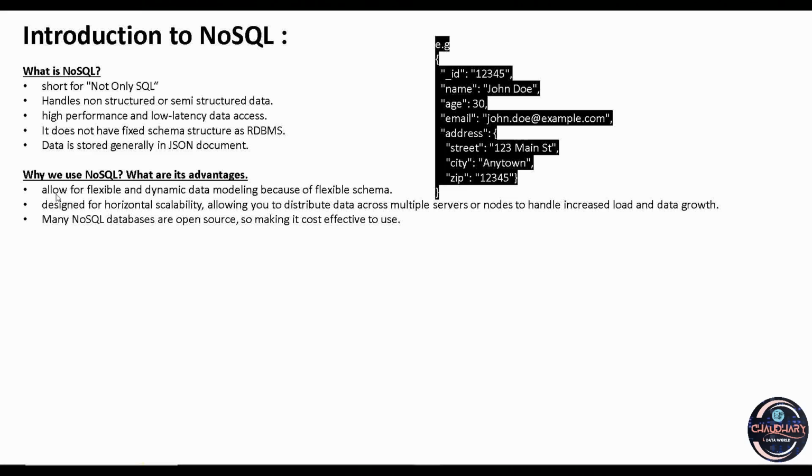It allows for flexible and dynamic data modeling, which I have already covered. It is designed for horizontal scalability. Again it comes to that point, that it can allow any structure of data at any moment of time. It will not restrict you to provide only a particular structure of data. This is the biggest advantage it gives us.